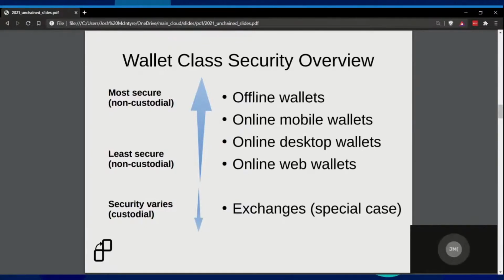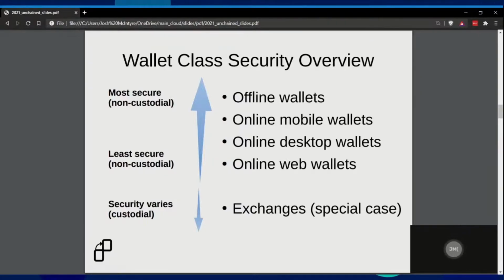Now, there's a special case, and it's a broad and important special case, and that's exchanges, custodial storage, where the user is not given any private keys to store and own their own cryptocurrency, but those private keys are stored with a custodian.